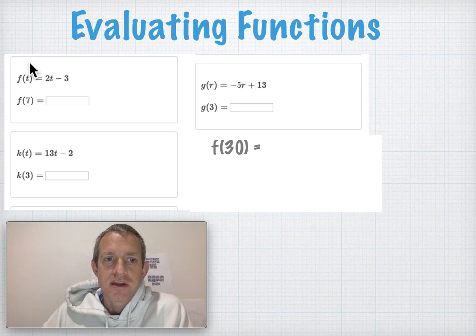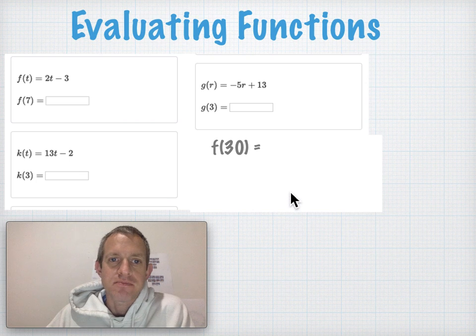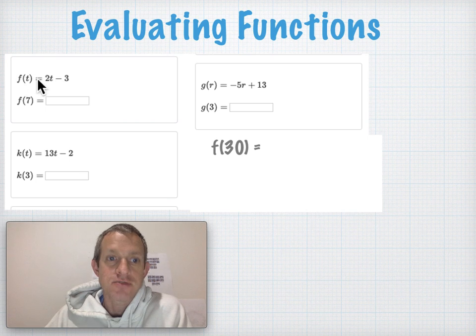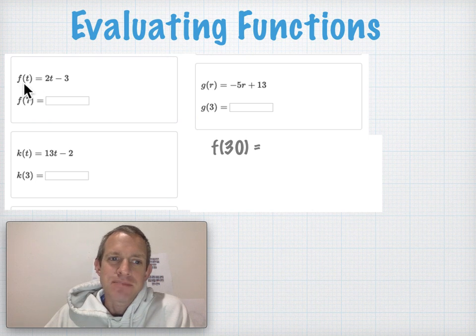So here are a couple different types of questions. The first is simply evaluating functions. Here is a formula. This is telling us the rule, what happens to something that goes inside. The rules can have different names. This rule is called f, which is the most common. F of x is what you'll see most often.